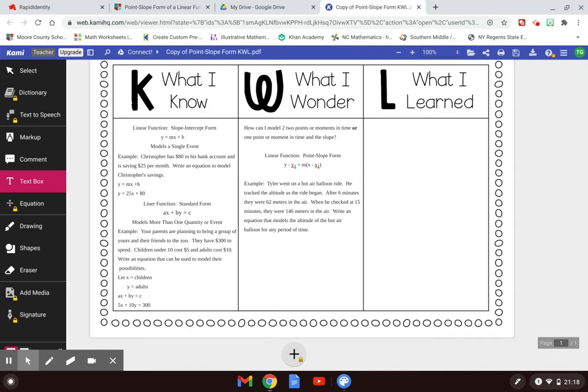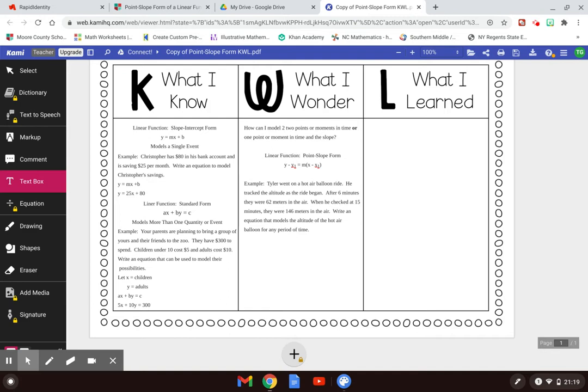So we had the example of Christopher, who has $80 in his bank account and is saving $25 per month, and we want to write an equation to model Christopher's savings. So using the y equals mx plus b model, we write y equals 25x plus 80, because 25 is the rate of change, how much it's changing per month, and $80 is what he started with.